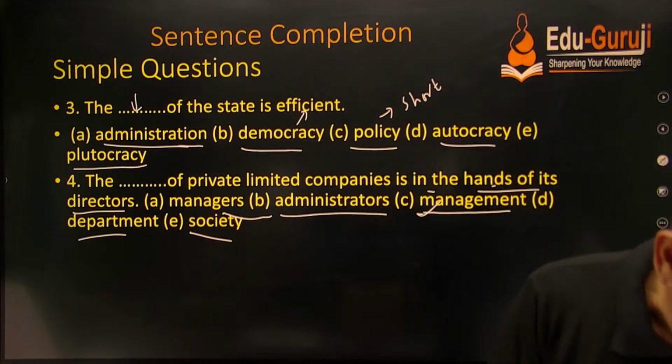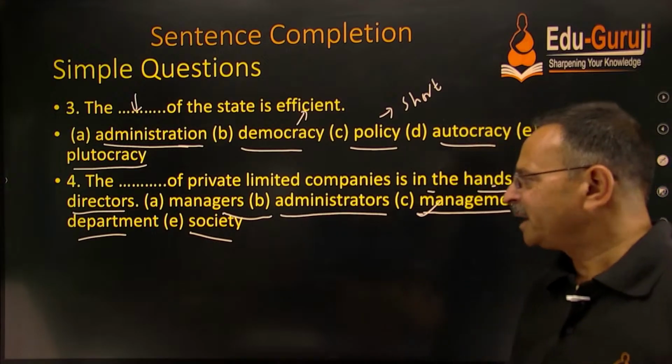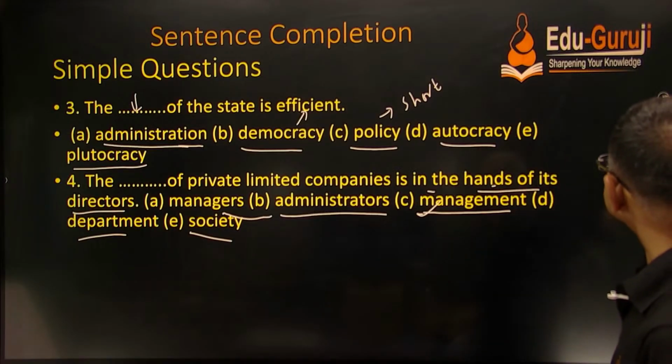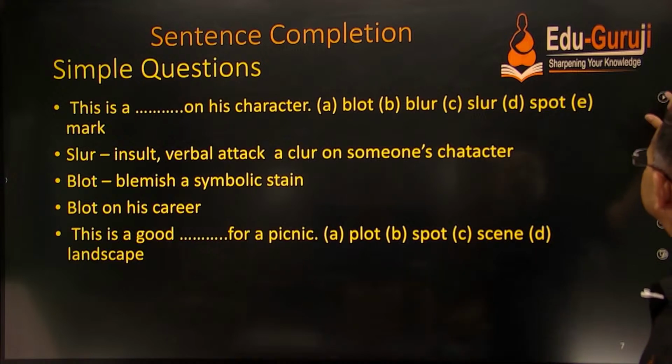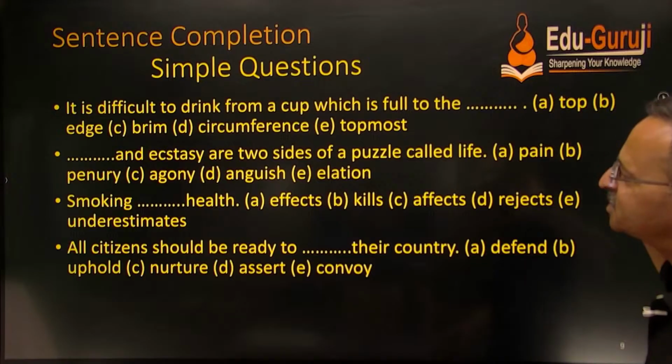I hope it is very much clear to you. Let's move ahead to the next question. Now, this we can move forward. This is a little bit the same example, options are there.